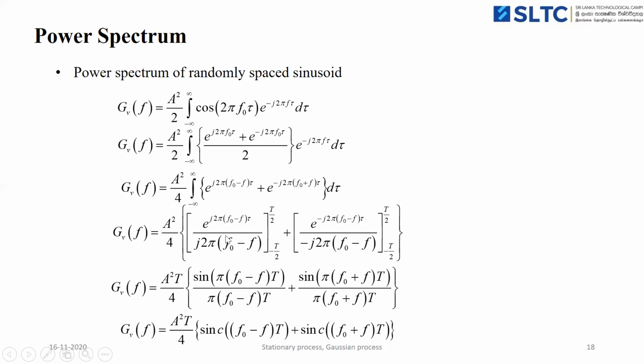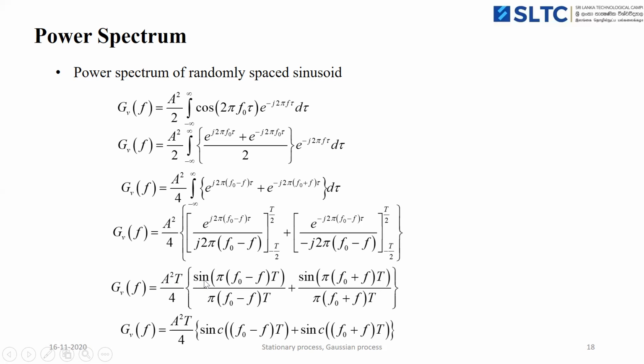After integrating and substituting the upper and lower limits, it becomes e power j theta minus e power minus j theta divided by 2j, where theta means 2 pi (f naught minus f) T. And e power j theta minus e power minus j theta divided by 2j equals sin theta.